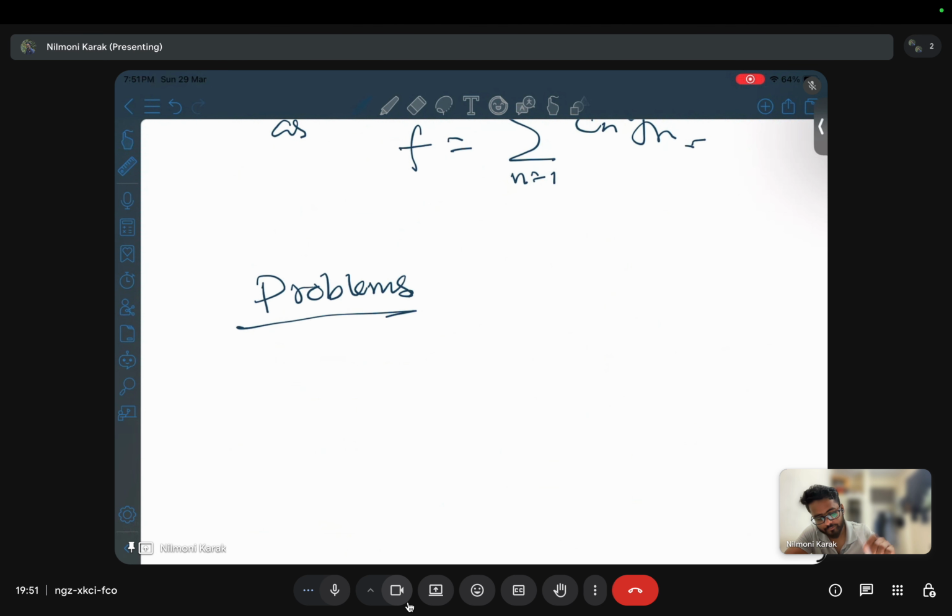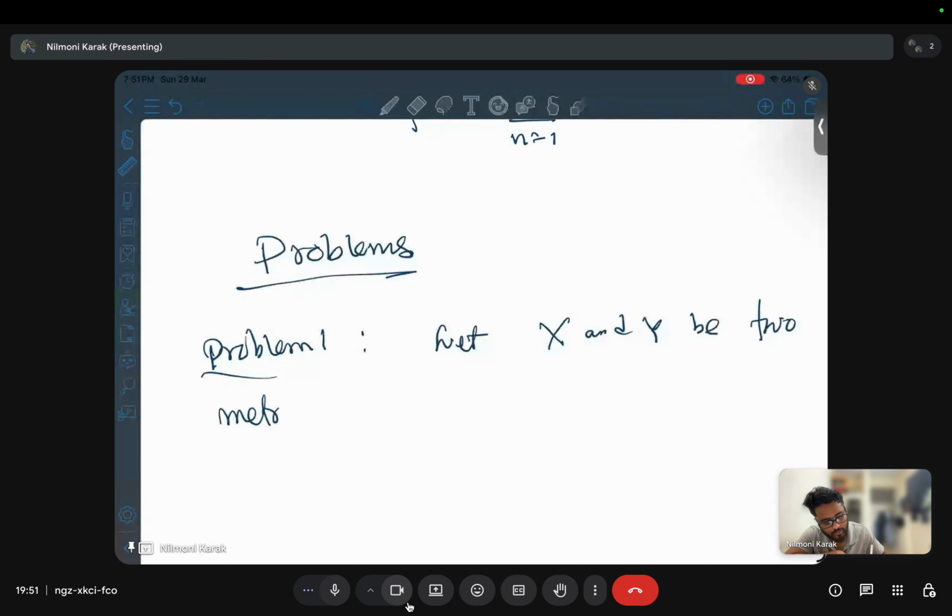So first problem. Let X and Y be two metric spaces, and X is a compact metric space.